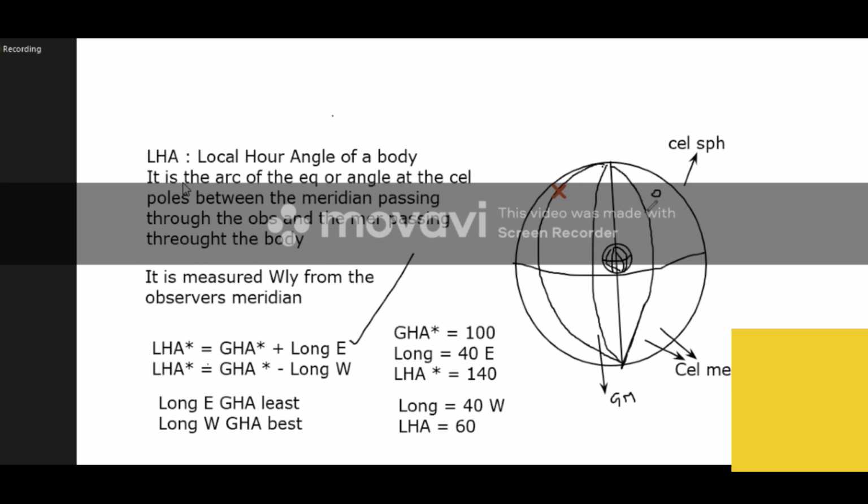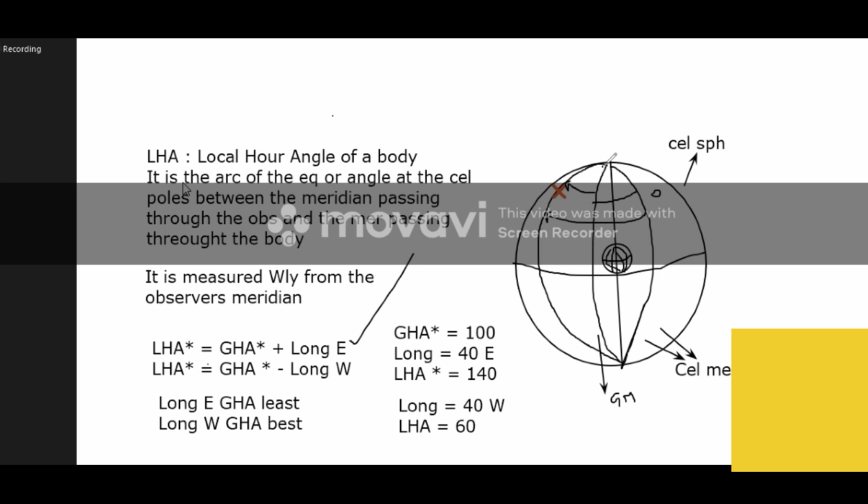So LHA would be from observer's meridian to the meridian of the star. That means it would be the east longitude plus GHA. Okay, so that means from here to here it will be 140.